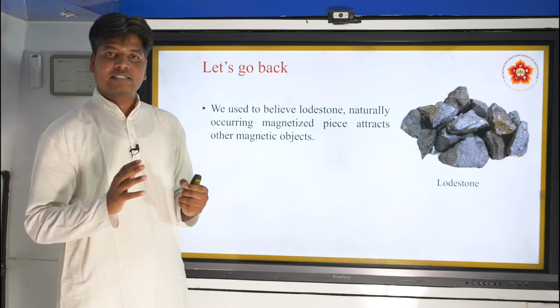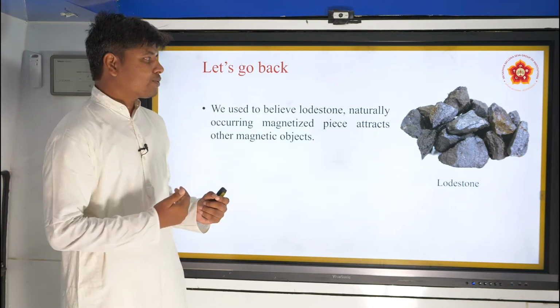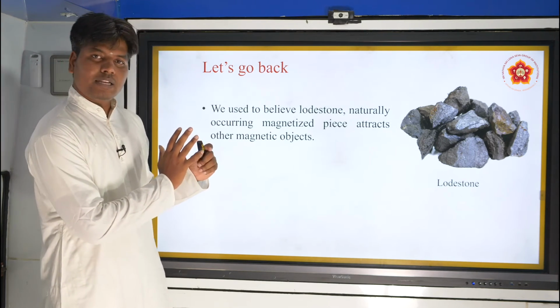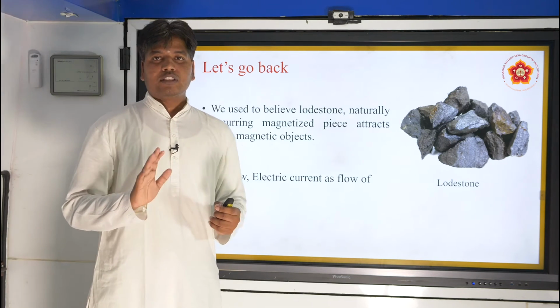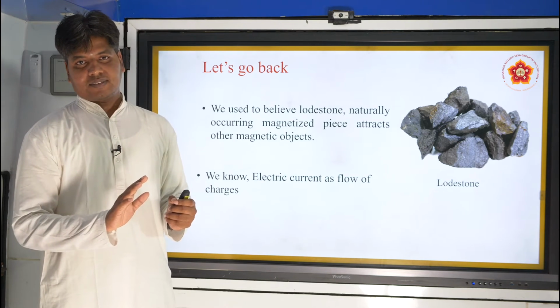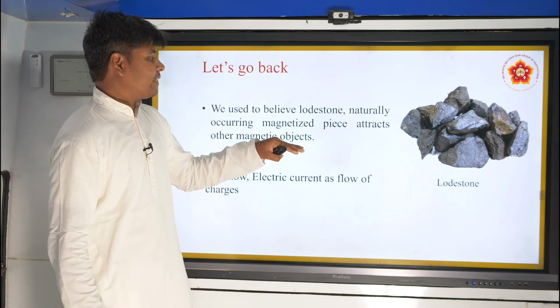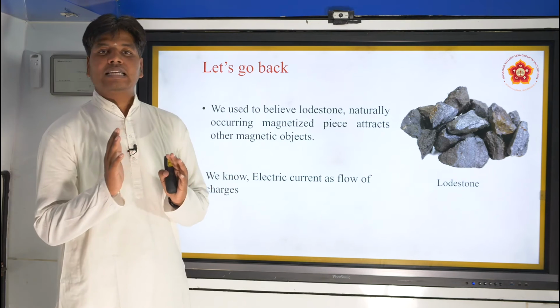These are naturally occurring magnets, which come from the mineral called magnetite. So we thought these are the only magnets. On the other hand, we thought the flow of charges is electricity, and magnet substance is different. Magnetism and electricity are different.